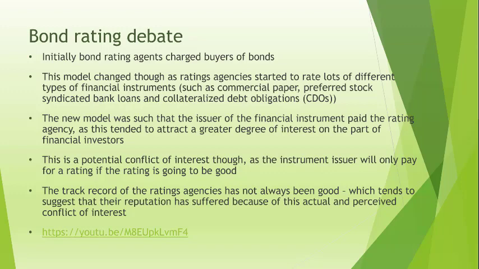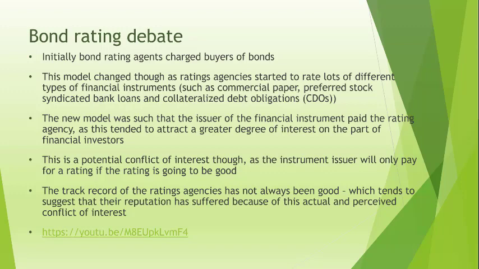And here is another slide talking about the bond rating debate. The model changed as ratings agencies started to rate lots of different types of financial instruments. So the ratings agencies also rate commercial paper, preferred stock, syndicated bank loans, and CDOs or collateralized debt obligations.